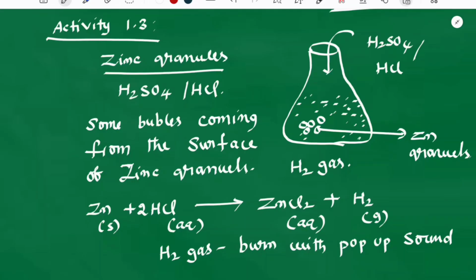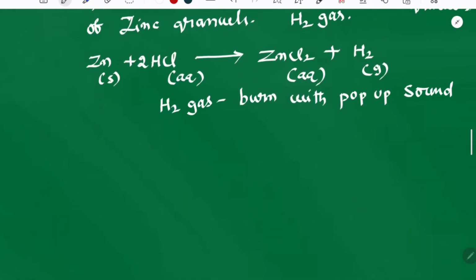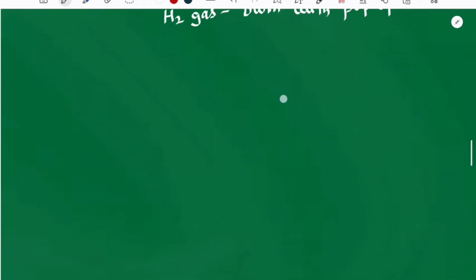So you understood activity 1.3. Here we are observing that gases are liberated, and the precipitate formation was in the reaction before that. Okay. So in these three activities, what do we observe? We have to observe some points.